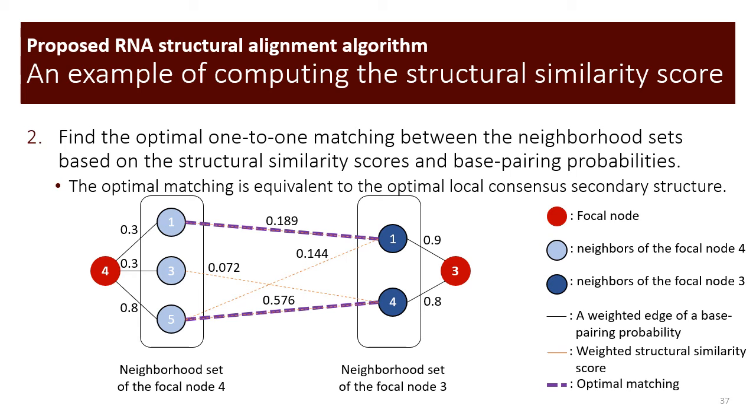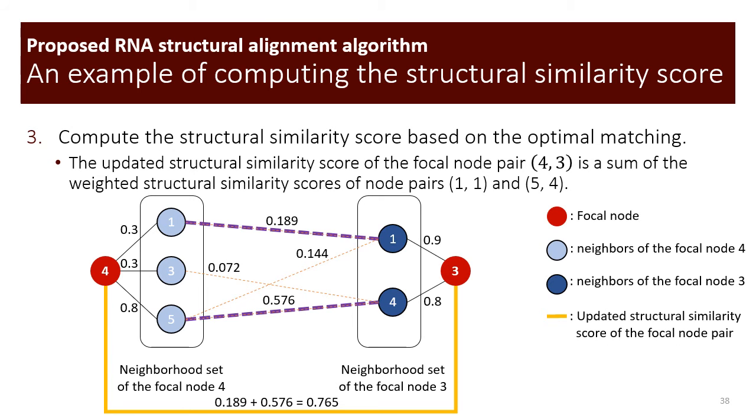Note that the optimal matching is equivalent to the optimal local consensus secondary structure. The updated structural similarity score is a weighted sum of the structural similarity scores in the optimal mapping. In this case, the updated structural similarity score for the node pair 4 and 3 is 0.765.